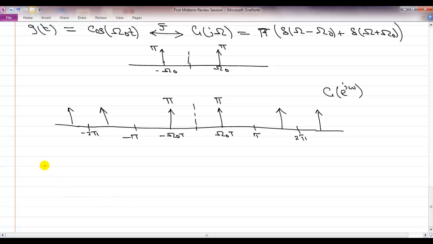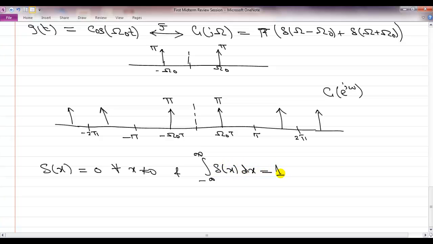The idea is that delta of x is defined not through its value, but through its area, right? If you remember your technical definition of delta of x, it is equal to 0 for all x not equal to 0, and the integration from minus infinity to infinity of delta of x dx is equal to 1.